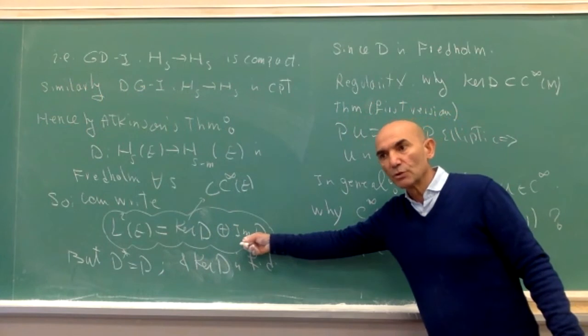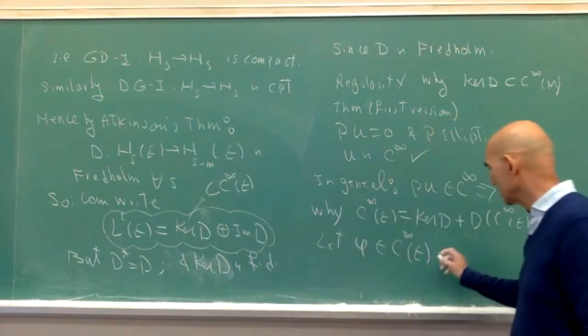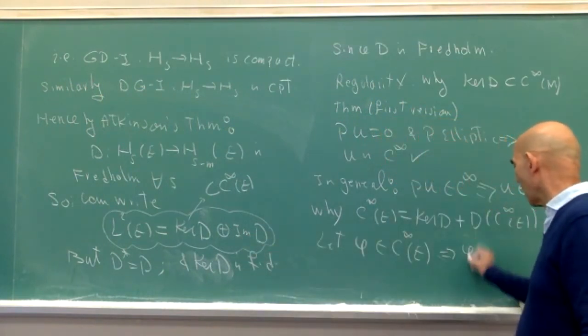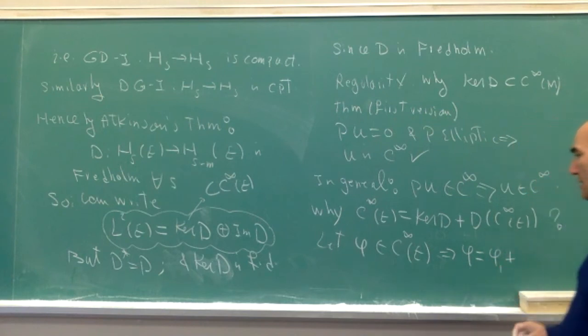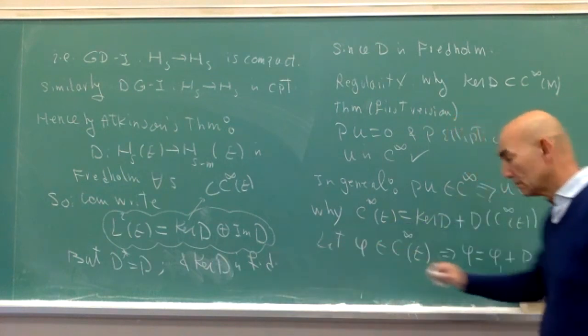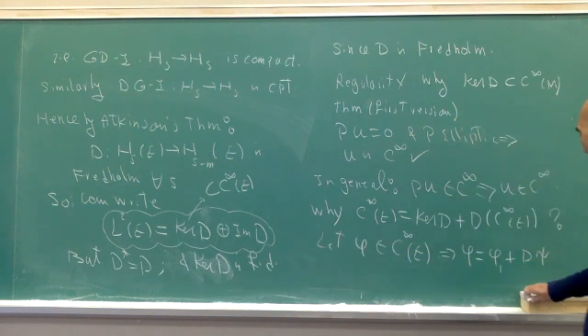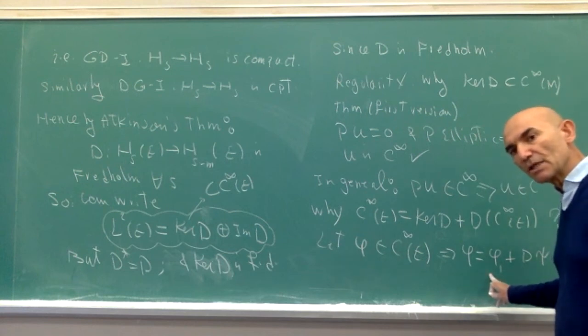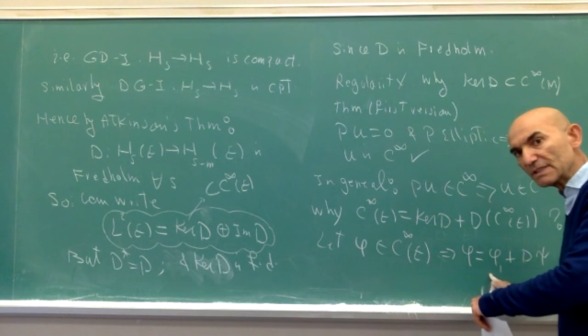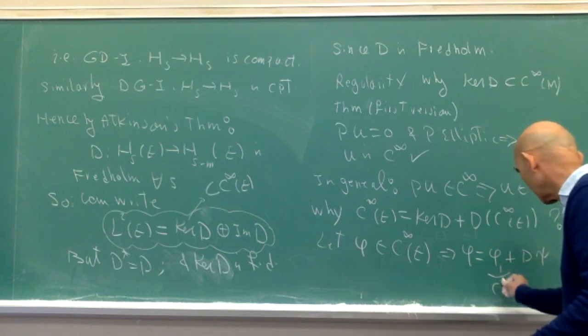By this L2 decomposition, at least we can write phi as equal to phi1 plus D of psi. Well, this phi1 we established is in the kernel of D. This is C infinity, right?